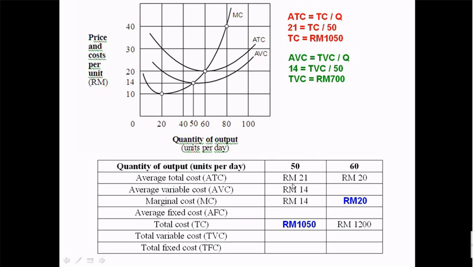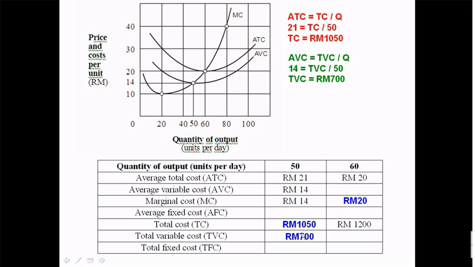So if AVC here is 14, and we substitute quantity with 50 units, we can get total variable cost equals 700. So now we can fill in the blanks here. TVC equals 700.